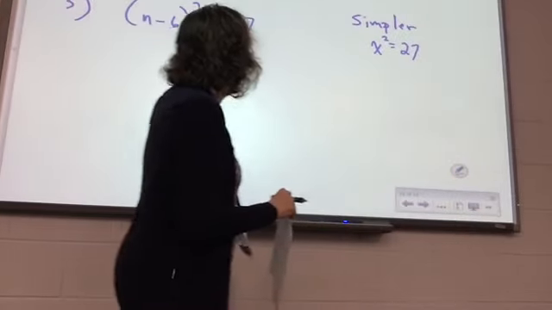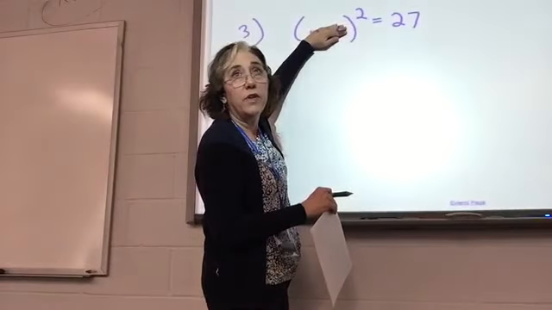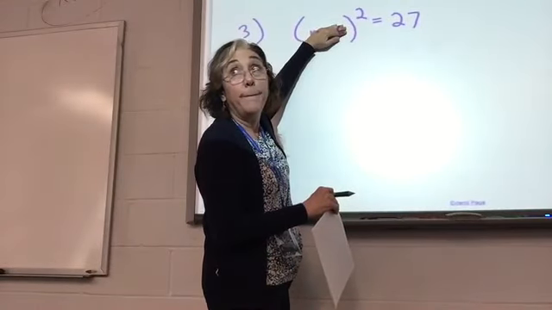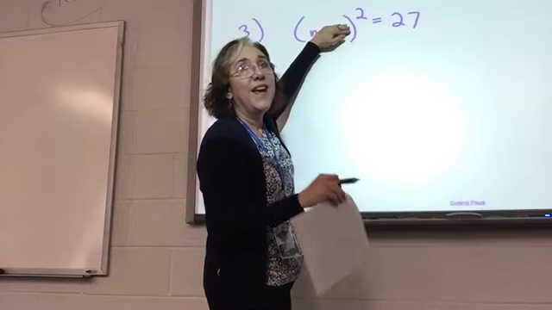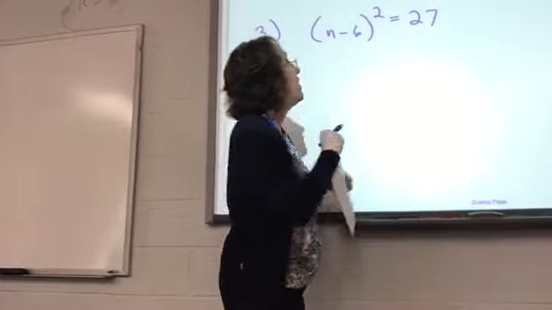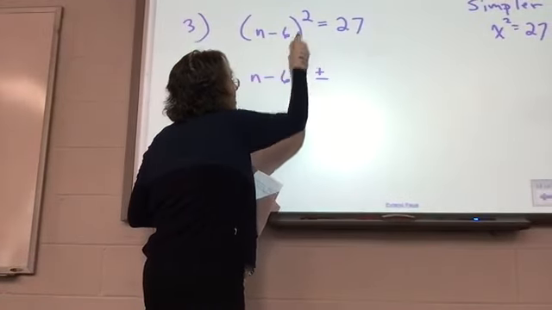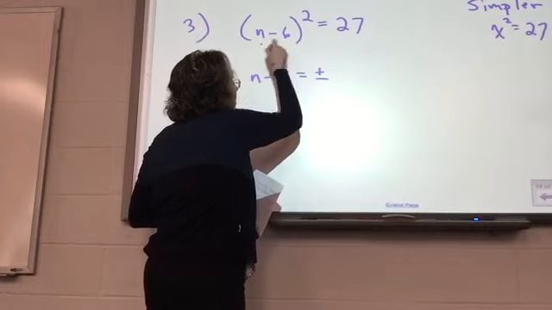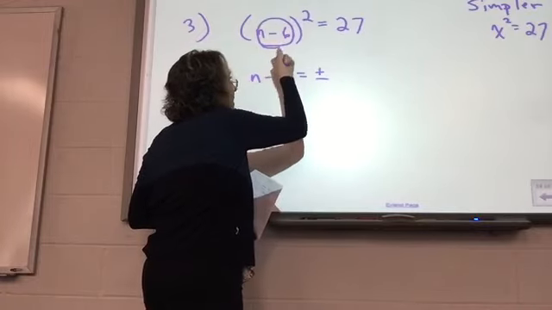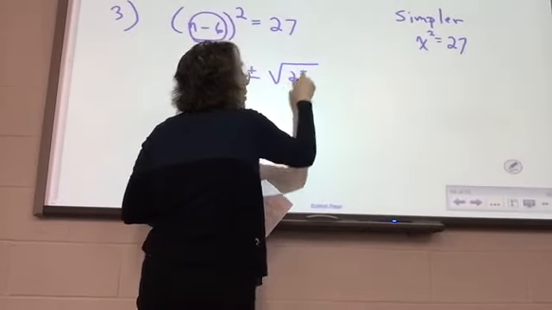So how do you think I'm going to solve this one? We've got something squared equals 27. Square root both sides. Remember, we're using the square root property. So if this squared is 27, then the thing inside that is being squared is equal to the positive or negative square root of 27.